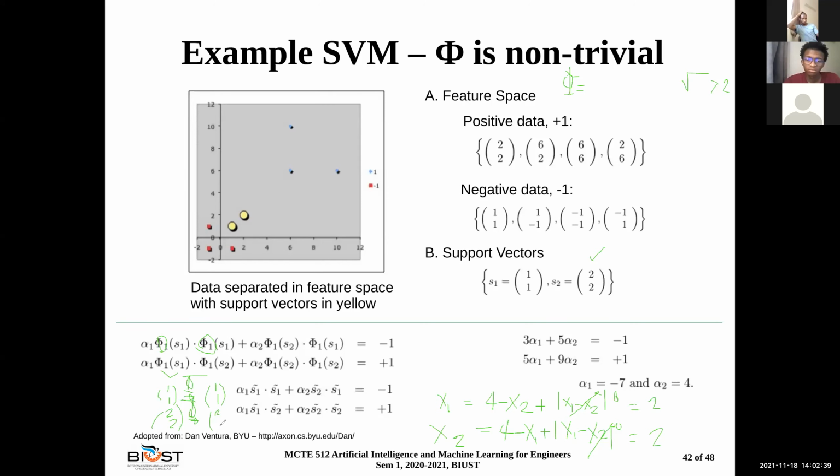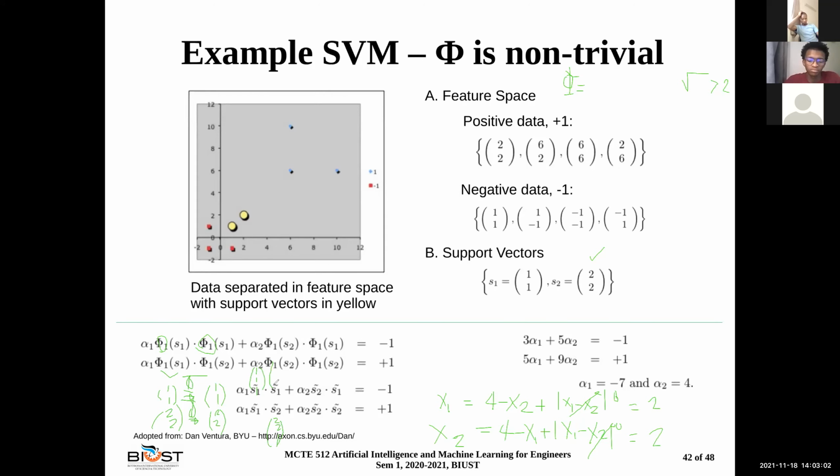It's like nothing is being done, and then you augment it with this tilde. You augment it, so that means it becomes 1 1 1, and this becomes 2 2 1.